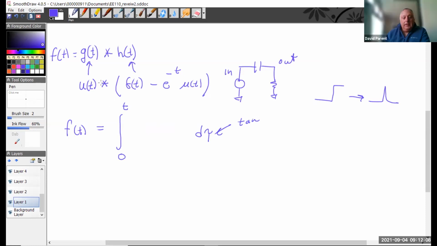So the first part, u of t, is somewhat easy. You just bring that over and call it u of tau. I know I'm going to run out of room here. Okay. And now that we're integrating, we can multiply, okay?